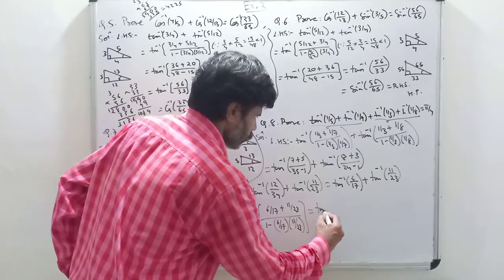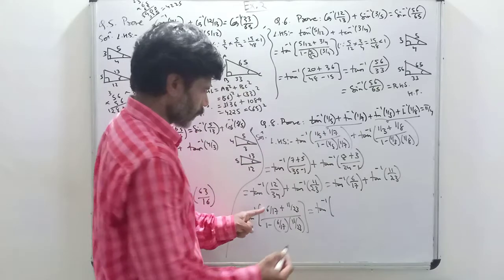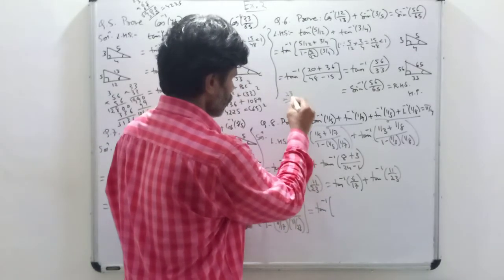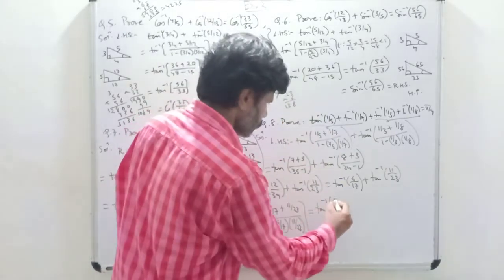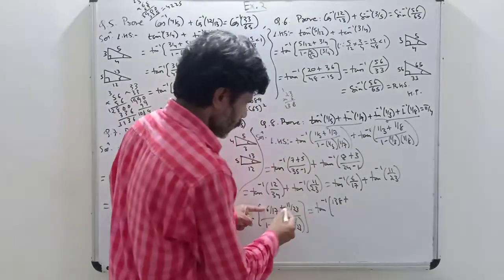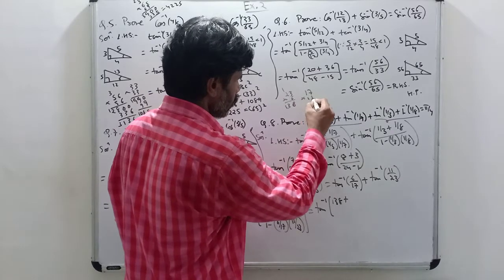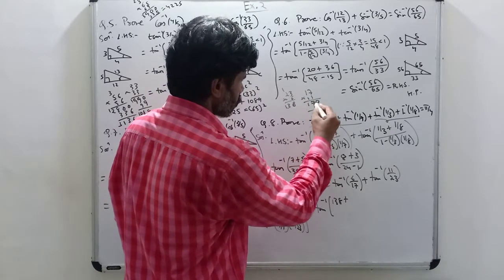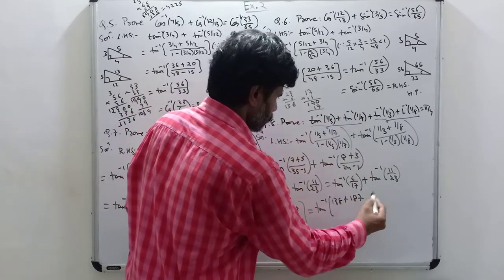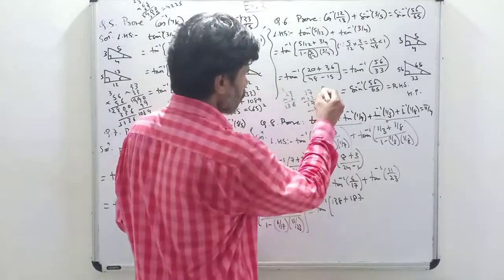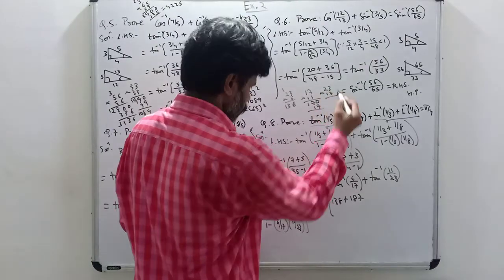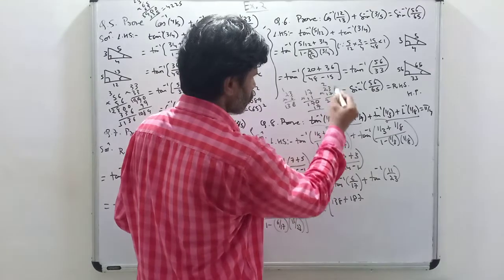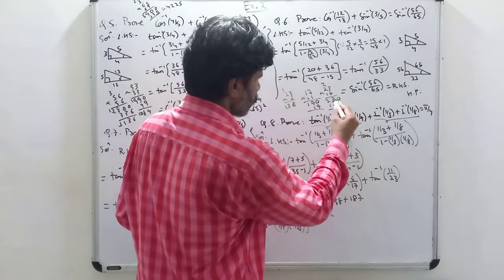So that is equal to tan inverse of, calculation is there, 23 into 6, 138, plus 11 into 17, 187. And 17 into 23, how much will that be? 391.